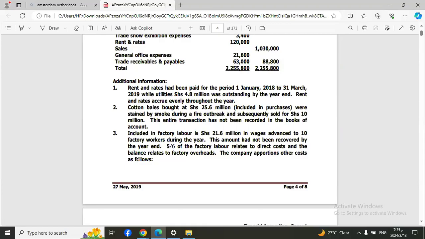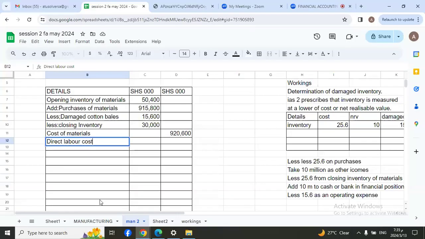Therefore, the 21,600 of this amount is still outstanding. So it means we gave some advances to people, but they have not yet worked for us. It means we must go on and reduce this amount. Then we multiply, we get our total direct labor.